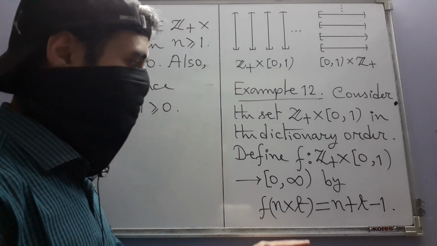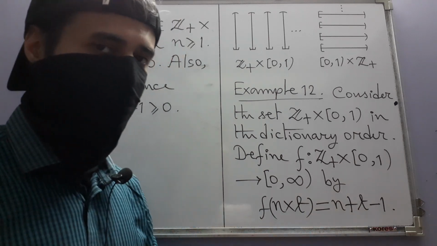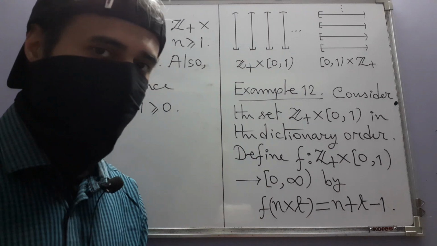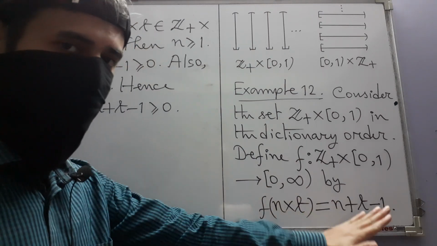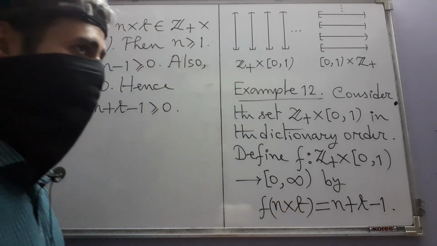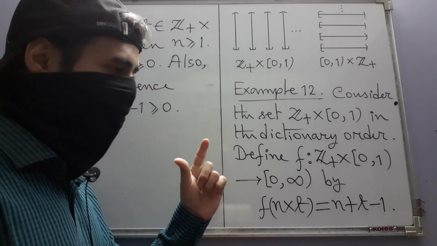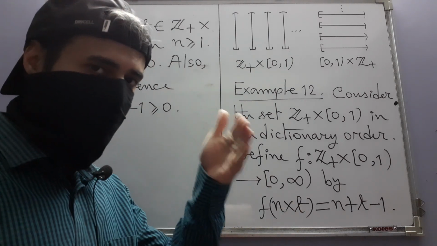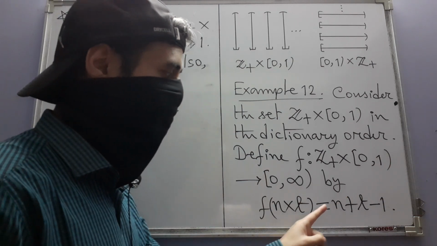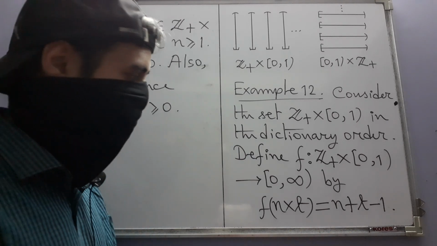And also it's clear that for a given n and t, this is a unique real number. See, if you really want to be absolutely rigorous about everything, to prove uniqueness of output you have to actually take two inputs, say n1 times t1 and n2 times t2, and consider them to be equal. From that, you have to prove that n1 plus t1 minus 1 is equal to n2 plus t2 minus 1.